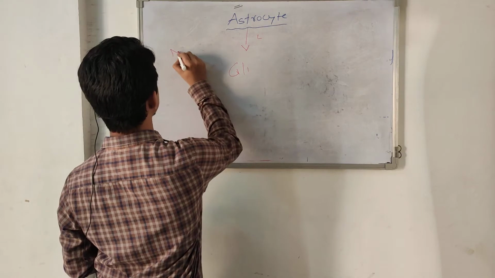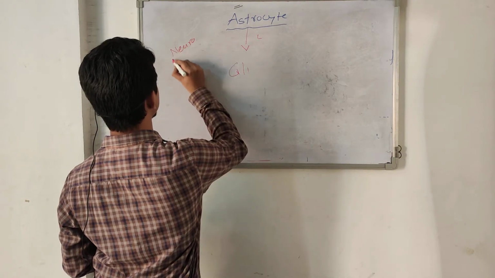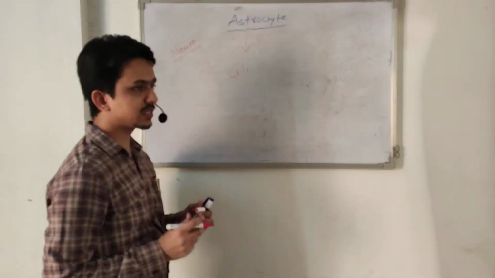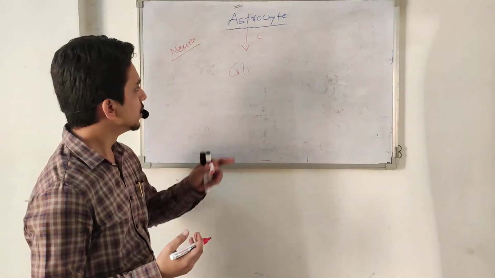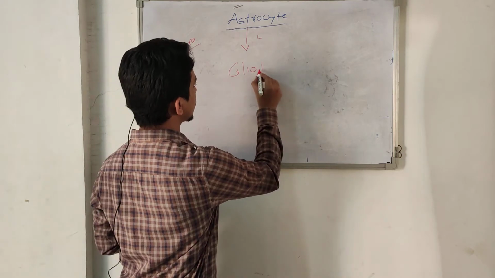There is a neurotransmitter. Neurotransmitter means a chemical which is secreted by neurons to give a message to the next neuron. So this is called a gliotransmitter.